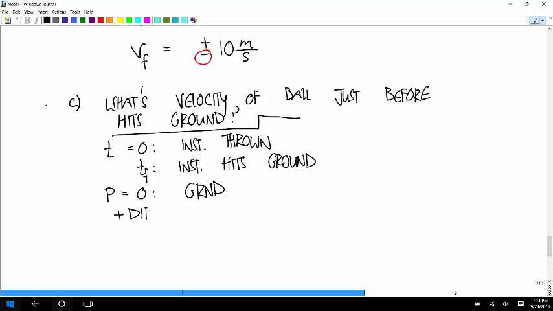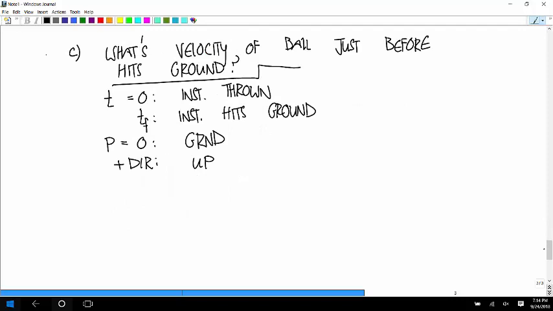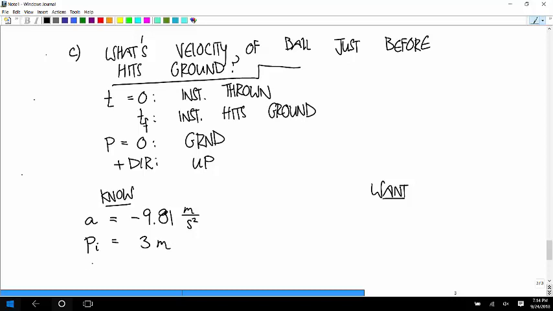And the positive direction, I'm going to choose up. We don't know time final. We know acceleration. Initial position is positive 3 meters. Final position this time is 0, because we're looking for it to hit the ground.